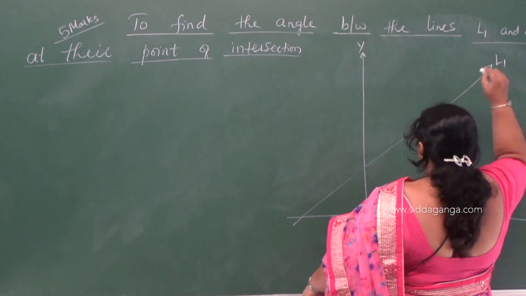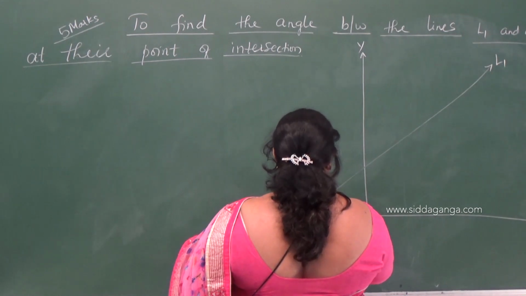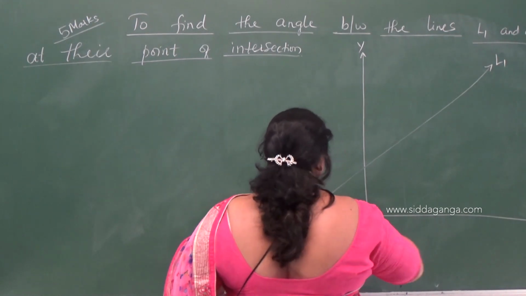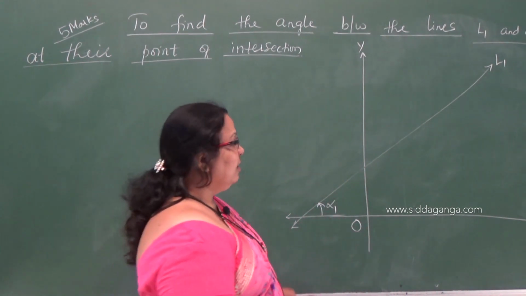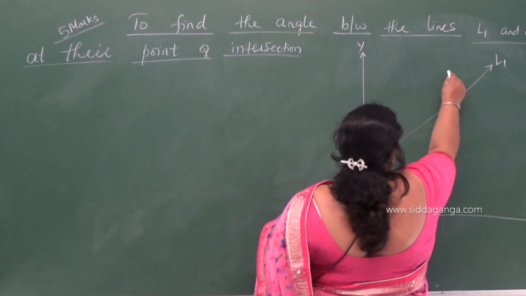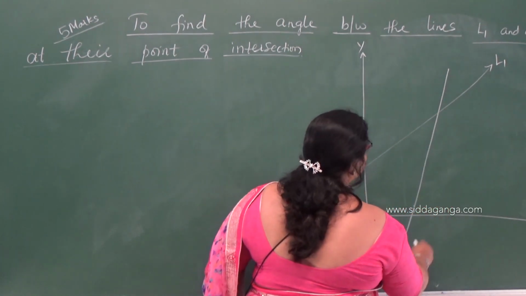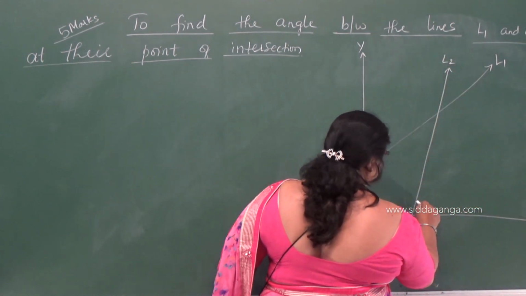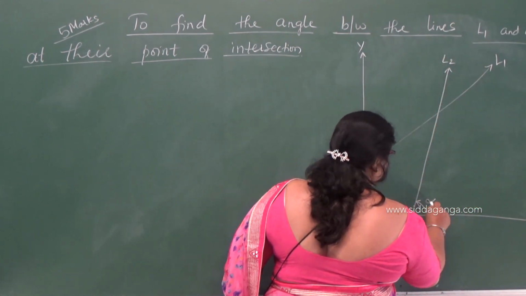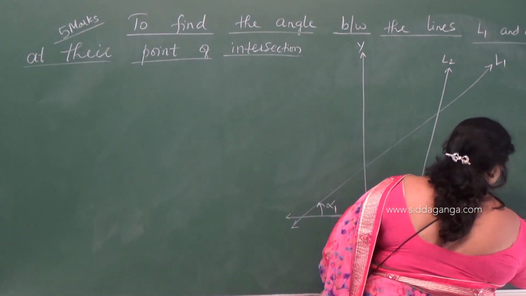So now you take this as the first line. Let it make an angle alpha 1, or theta 1, we can take either. Then you take another line and denote this as L2. The second line, let it make an angle alpha 2 with the positive x-axis.